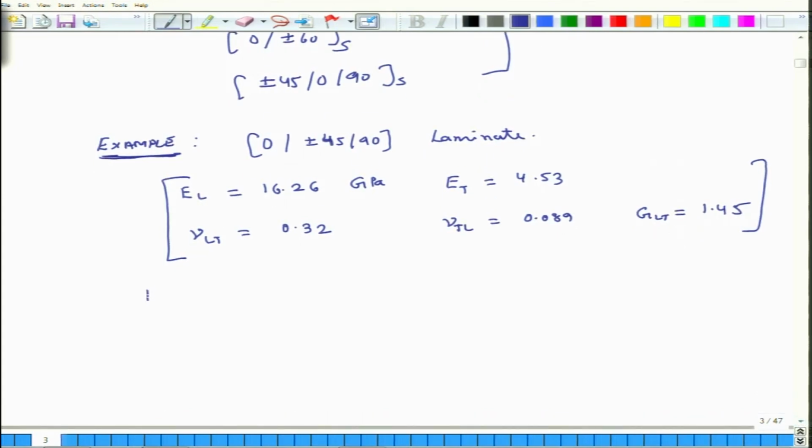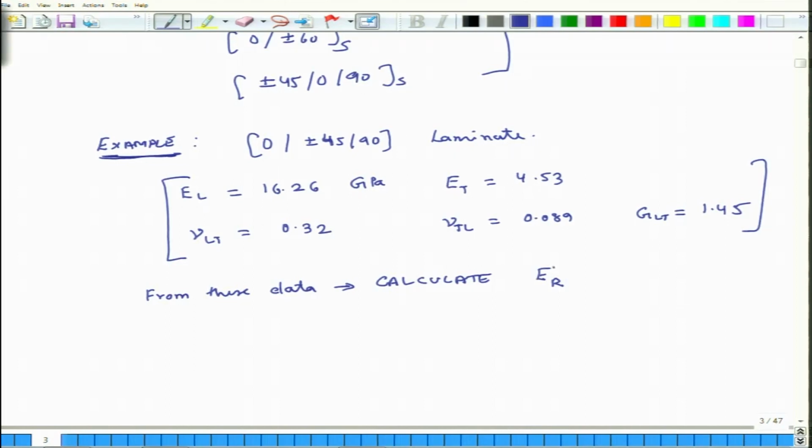From these data we calculate ER. What is ER? It is the Young's modulus of a layer where all the fibers are randomly oriented.